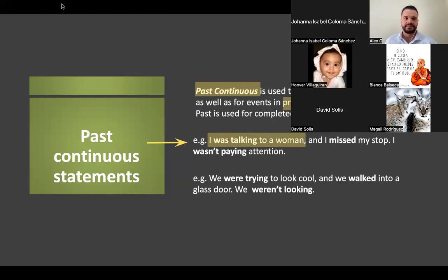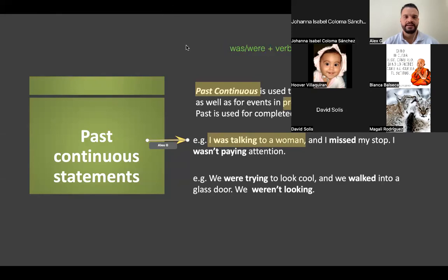Remember that the past continuous is always going to be was or were plus verb plus ing, right? I was talking, I was dancing, I was eating, and then here we have the simple past.